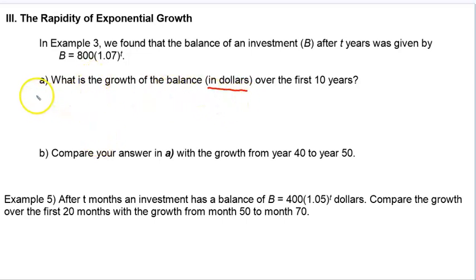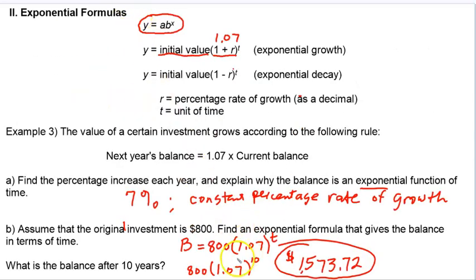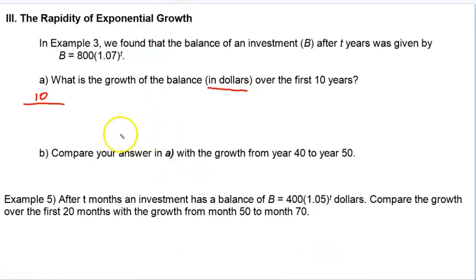Okay, so let's see how much it grew. I'll just call this in 10 years, how much did this investment become? And I think we already came up with that number in a previous problem. It was the same rule. How much did it become after 10 years? And that's the 1573.72.